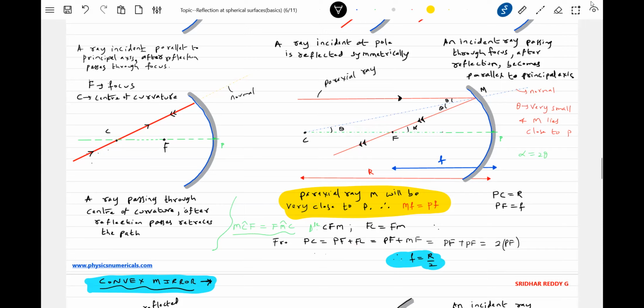Okay, some of you are getting confused. PC is equal to 2 times PF. So this is R, this is 2f. So finally, what is f? f is equal to R by 2. So this is how the focal length and radius of curvature for a paraxial ray are related. This is applicable purely for paraxial rays only.